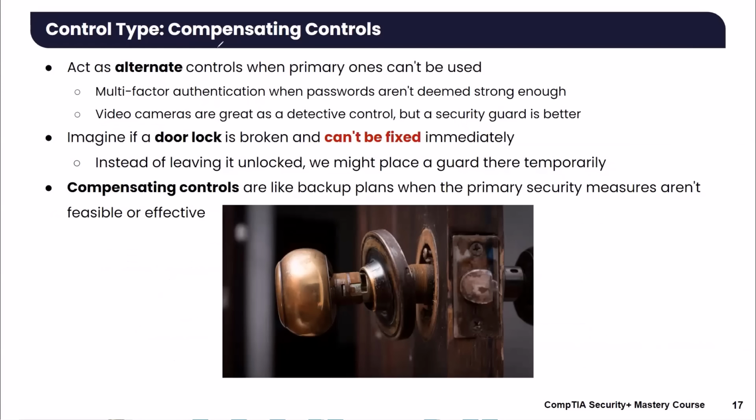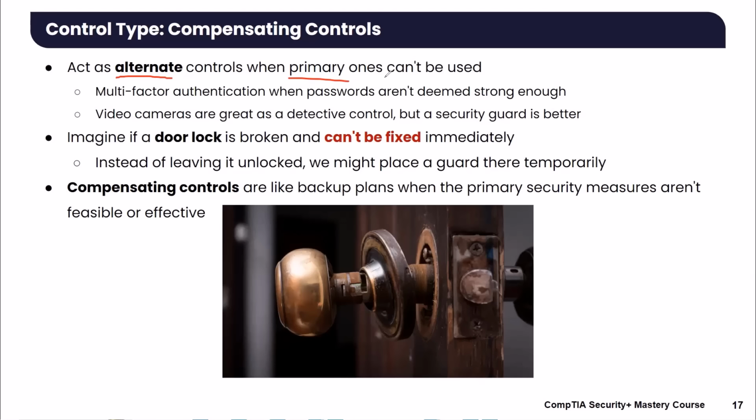Well, another control is a compensating control. A compensating control acts as an alternative when the primary one is not there or can't be used for some reason. And you will see this on the exam, where they're going to ask you, hey, we're trying to implement this encryption or this type of firewall, but the firewall is not ready.